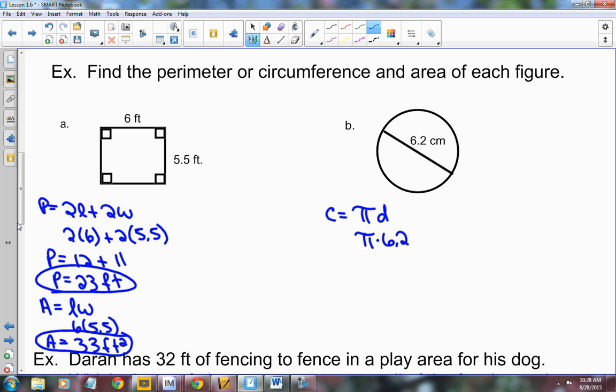If you have a calculator like mine, it's the 4th button down on the left. So you could just put 6.2 pi or pi times 6.2, and you end up with a circumference of 19.5 centimeters.